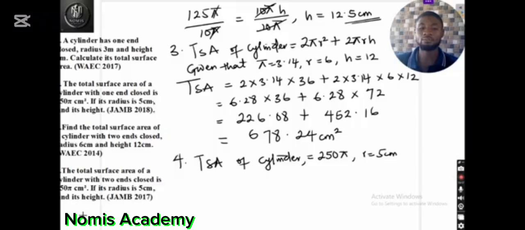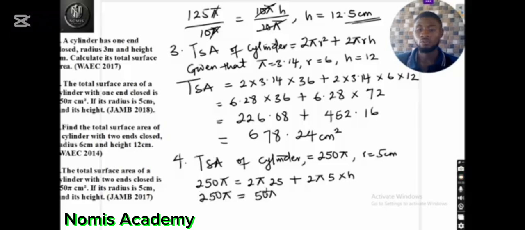So we'll put in the values of our parameters. 250 pi is equal to 2 pi, the radius is 5, 5 squared is 25, plus 2 pi, the r is 5 centimeter, multiplied by the height we are looking for. So this remains as 250 pi equals 50 pi plus 10 pi multiplied by height.